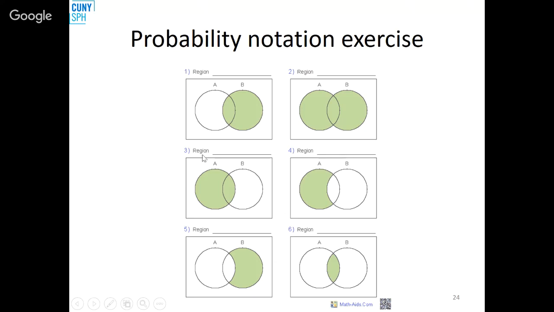So maybe I'll just go through a couple of these just to get you warmed up. You'll have more of a chance to do this during the lab. But this first one: this is event A, this is event B, and I've shaded this area in B. How would I write this down? What is this probability?